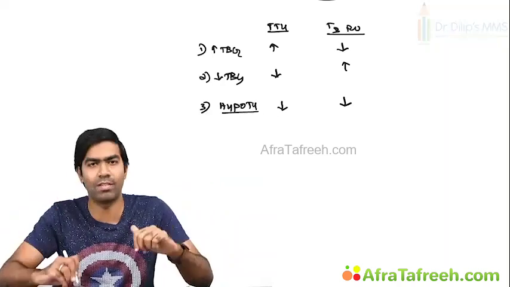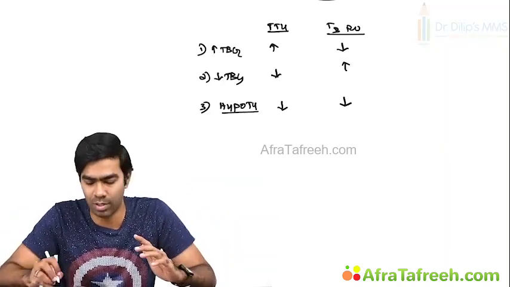So there will be a lot of free binding sites in the TBG circulating in the blood. Since a lot of binding sites are available, the radiolabel T3 will preferentially bind to the TBG molecules, so there will be very little T3 available for the resin. So you will have a low T3 resin uptake.